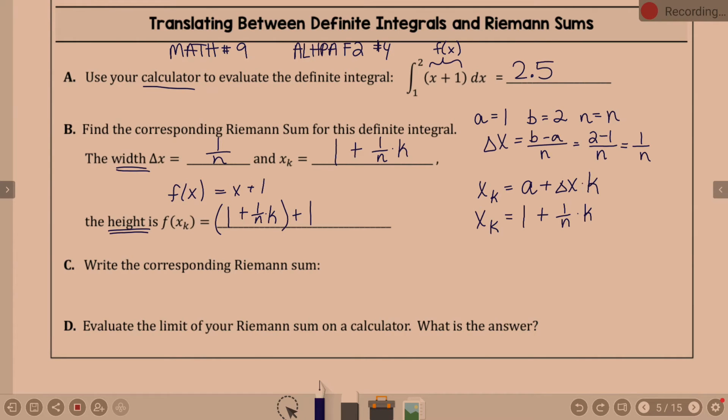Could that technically be cleaned up? It can be. It could also be written as 2 plus 1 over n times k. There's nothing wrong with cleaning up.